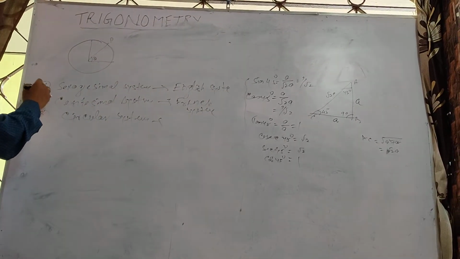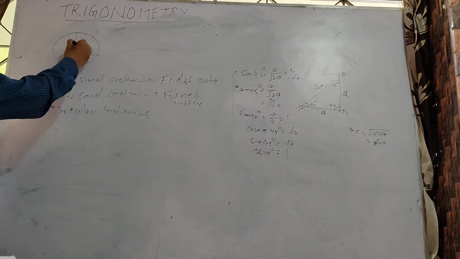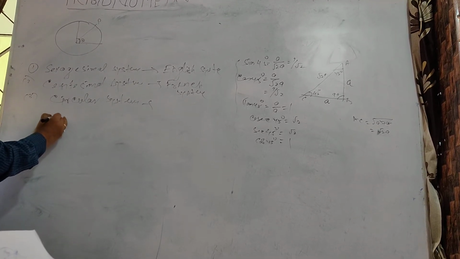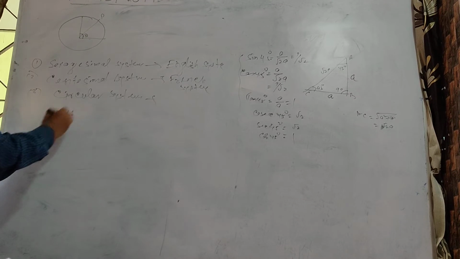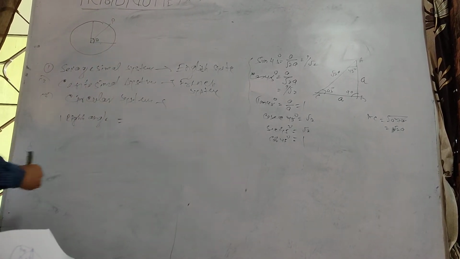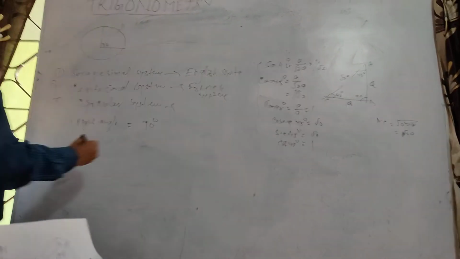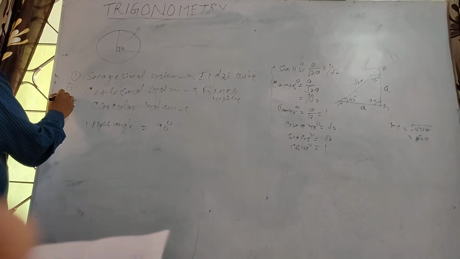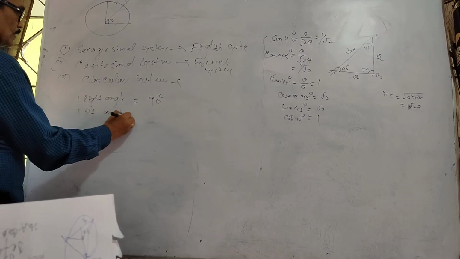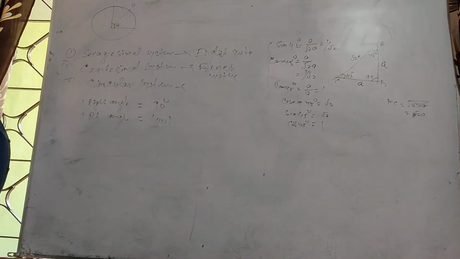So in the sexagesimal system, one right angle is 90 degree, and in the centesimal system, one right angle is equal to 100 grade.